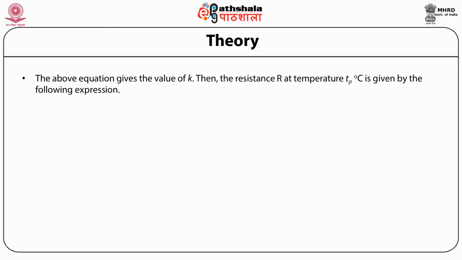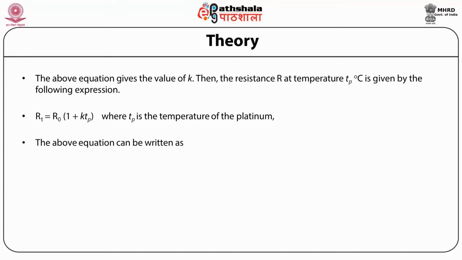The above equation gives the value of K. Then the resistance RT at temperature Tp degrees centigrade is given by the following expression. RT = R0 × (1 + K Tp), where Tp is the temperature of the platinum.